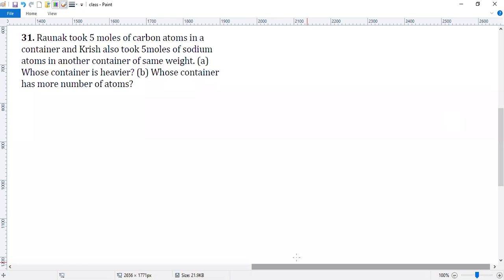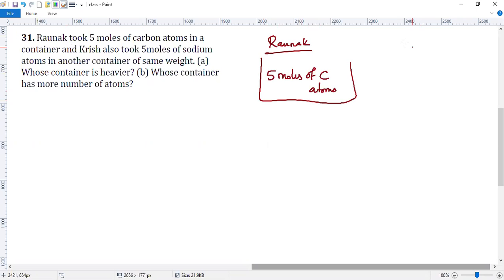In question number 31, Raunak is taking 5 moles of carbon atoms in one container. The other person, Krish, is taking, in a container of the same size and weight, 5 moles of sodium atoms.